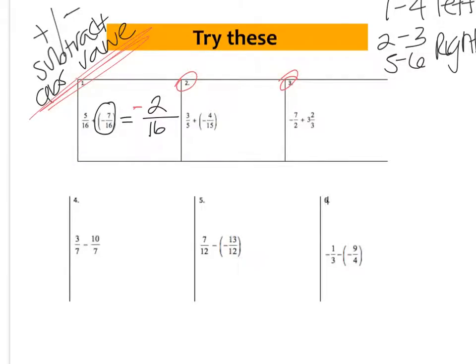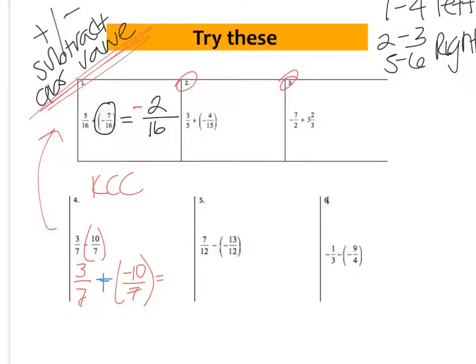Now let's go down to number 4. What we're going to do with subtraction is the keep, change method. So I'm going to keep the 3 over the 7. I'm going to change that subtraction to a plus. And then I'm going to change this 10 over 7 to a negative 10 over 7, right? And now we're going back to the rules that we use in this problem. We're going to keep that denominator of 7.